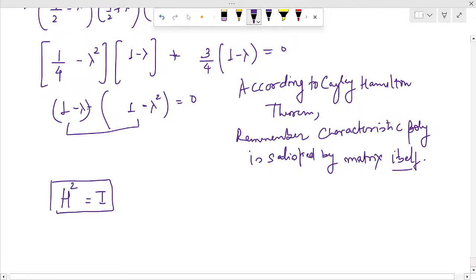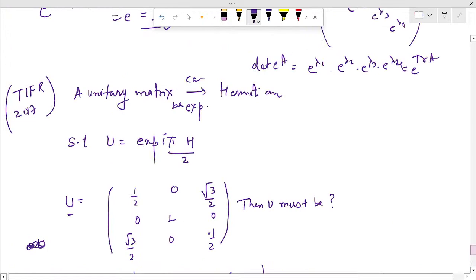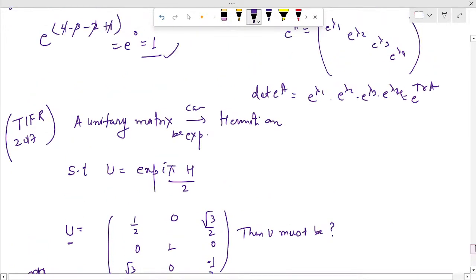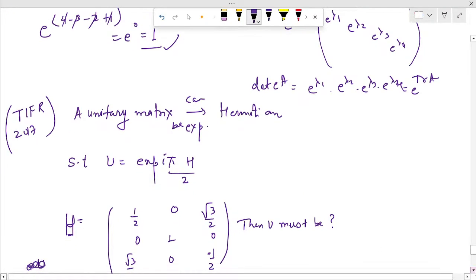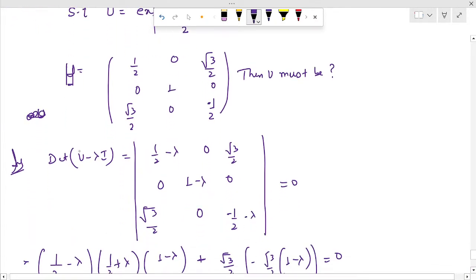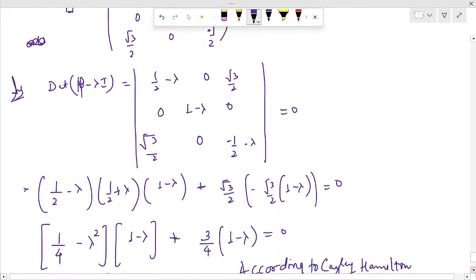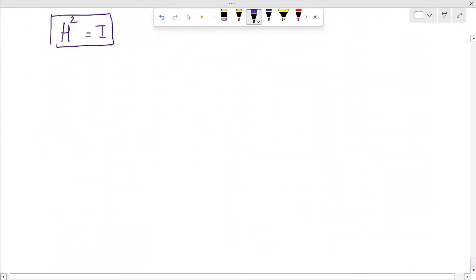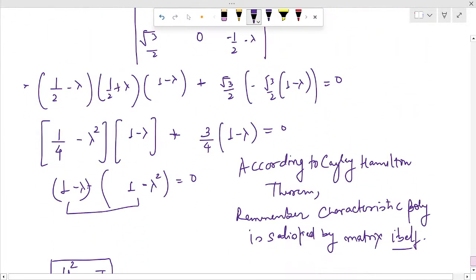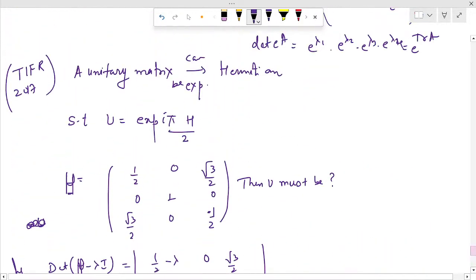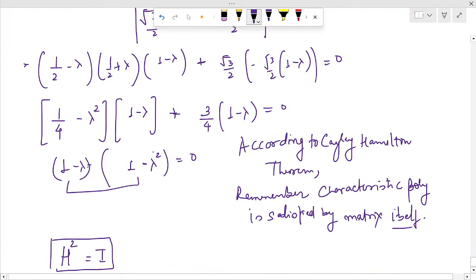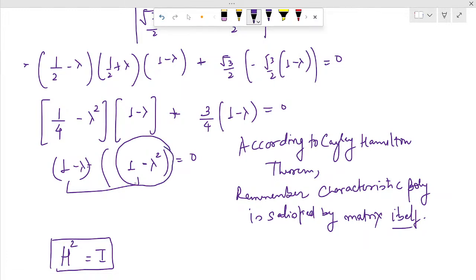Sorry, this was not u, this was h, my mistake. So according to Cayley's theorem, the matrix would satisfy the characteristic polynomial. So if it does so, my h square would be identity. Is that clear? This is the first thing.